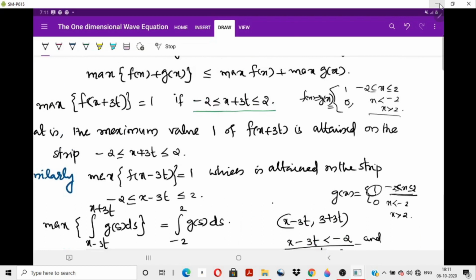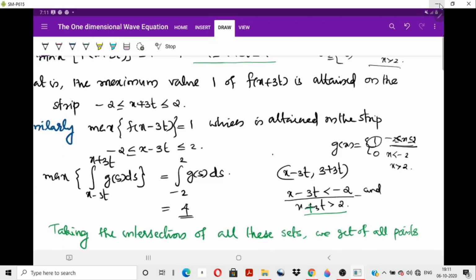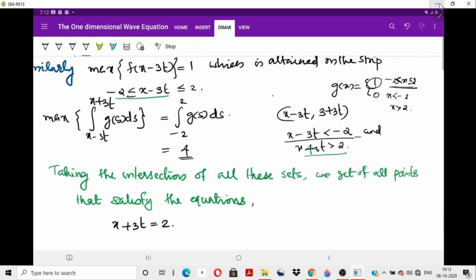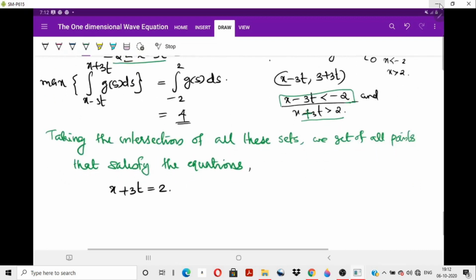So x minus 3t is greater than or equal to minus 2, and from this x minus 3t is less than minus 2. So taking the intersection, we have another equation: x minus 3t equal to minus 2.